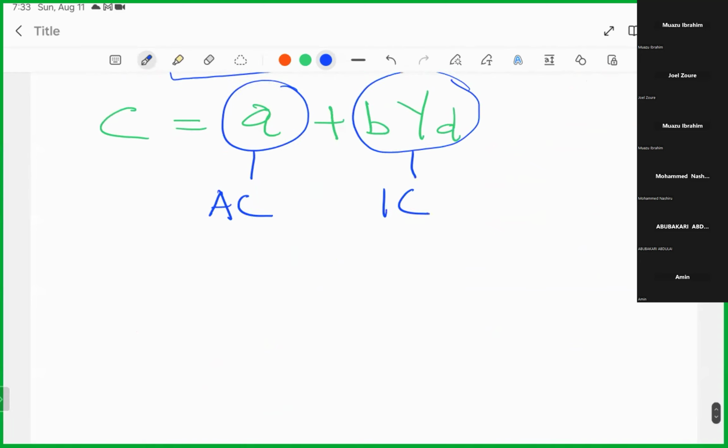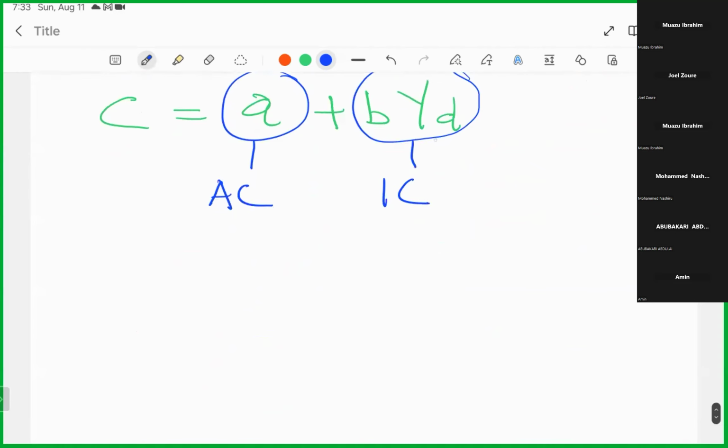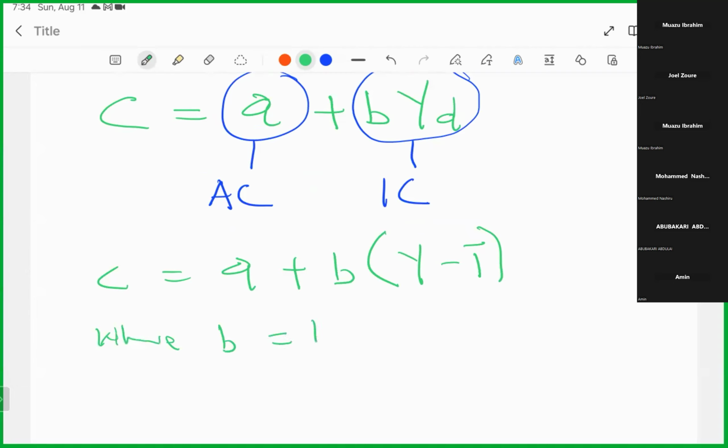So which means that our GDP, and you should also know that this disposable income is the amount of income after tax. So it also means that our overall consumption would be A plus B, we open brackets, income minus our T. So this is the autonomous, where, please note, B is what is called the marginal propensity to consume.